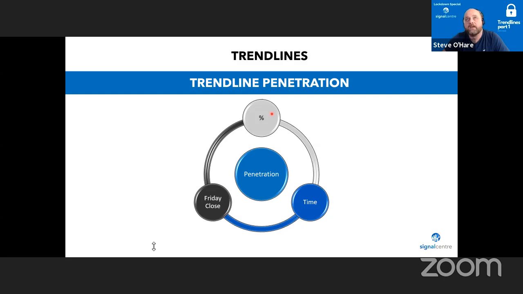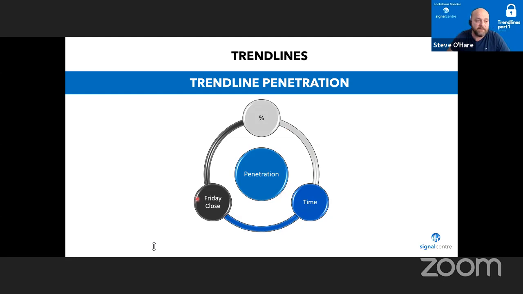They may say, I will only take that as a break of a trend line if it has closed below that trend line, an upward trending line, for 2 days. It's a 2-day rule. This can also be transferred into shorter term time frames. If you're looking at an hourly chart, it's broken that trend line for 2 hours, on a monthly chart, 2 months, and so on. So it's things like that to take into account.